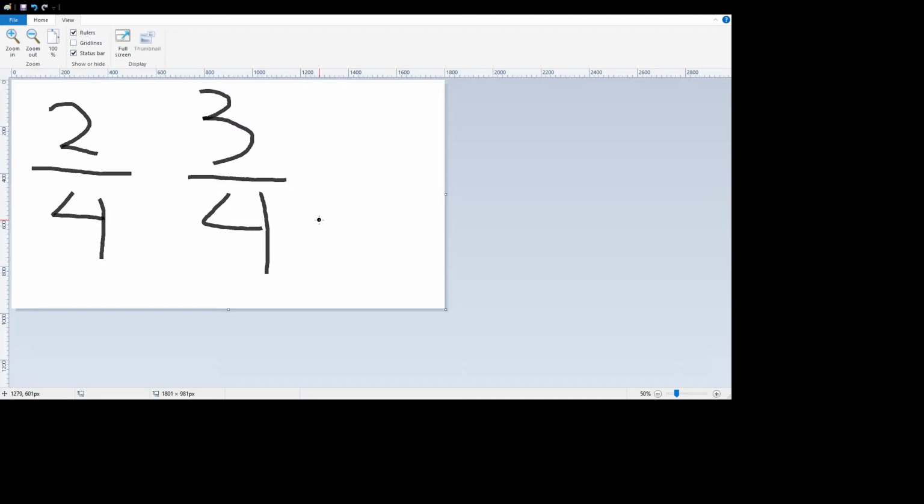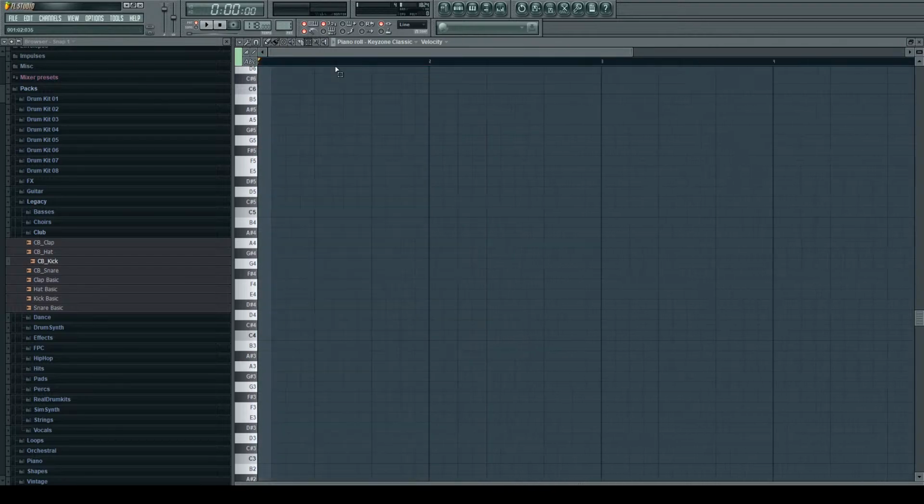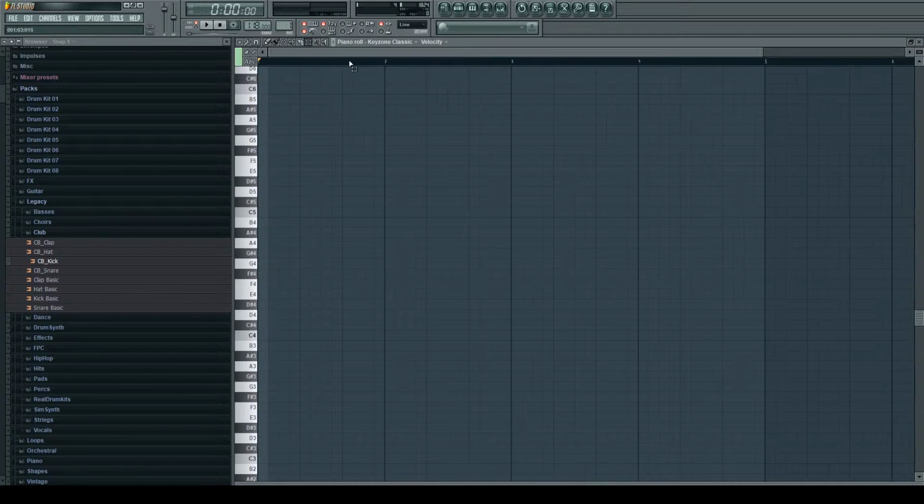What would it look like in a DAW? Well, it's gonna be the same-ish, but instead of 4, you're just gonna have 3. See here? So let's go to FL Studio. It's a 3/4. You just adjust, there's a function to adjust the time signature. See?